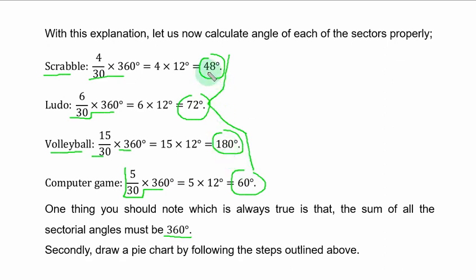Now if you add 48 to 72, 8 plus 2 is 10. Put down 0, you carry 1. 4 plus 7 is 11, plus the 1 you carry 12. So if you add 48 and 72, you have 120, plus 60, you have 180, plus 180, 360 degrees.